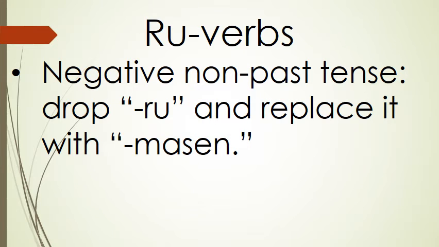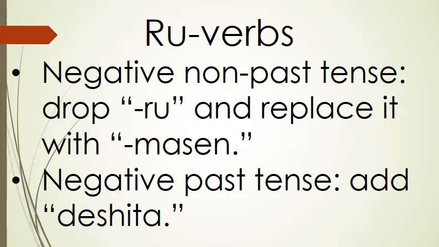So we've gone over the positive past tense for ru verbs, but what about the negative past tense? Well, if you remember, for the negative non-past tense, we drop ru and replace it with masen. If we want to form the negative past tense, we do the same thing, but we also add deshita after the masen.